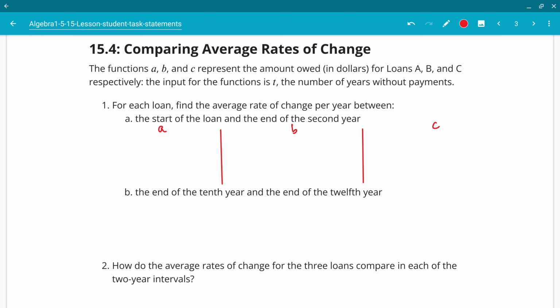To calculate rate of change, we need to have a fraction, and we're going to need the amount of the loan for a given function of time.